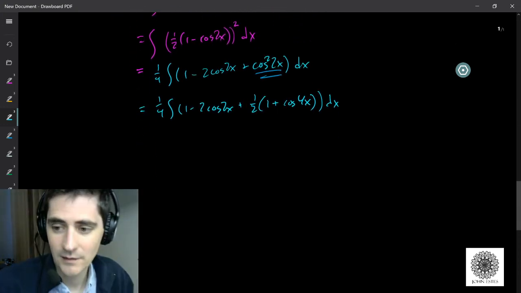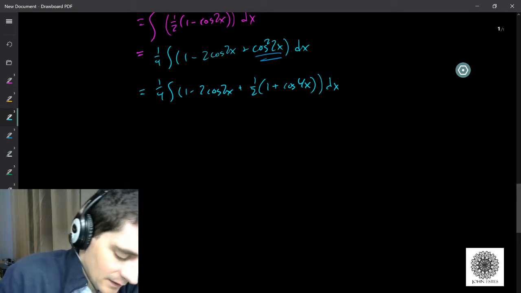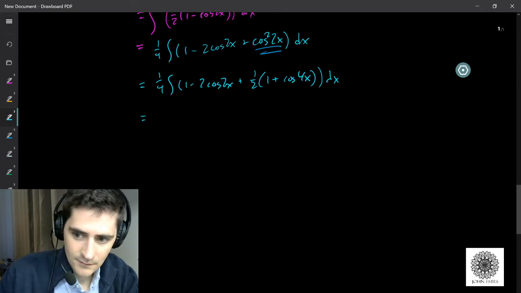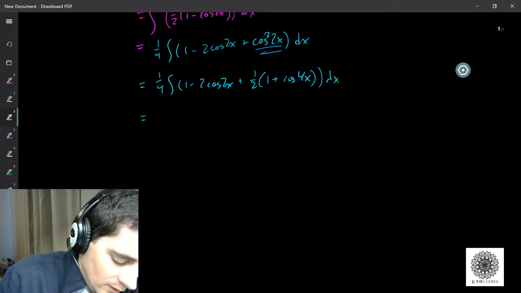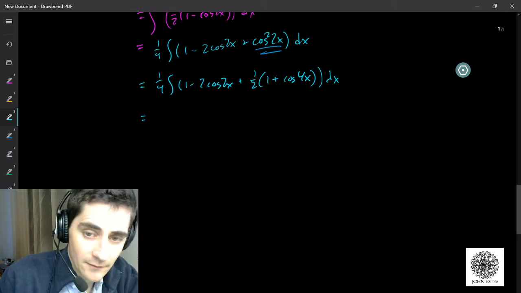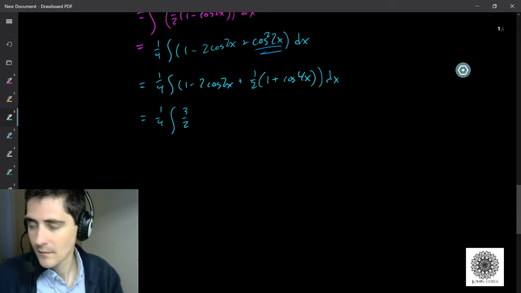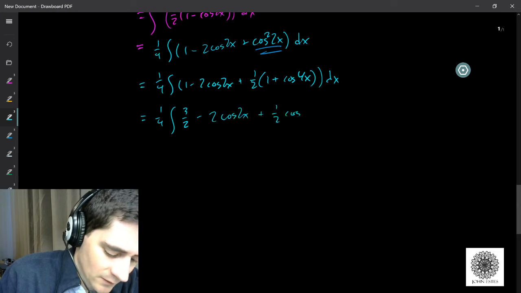All right, so this is what we end up with. Just simplifying, we have the 1 and the 1/2, that's going to be 3/2. And then we have minus 2 cosine 2x plus 1/2 cosine 4x.